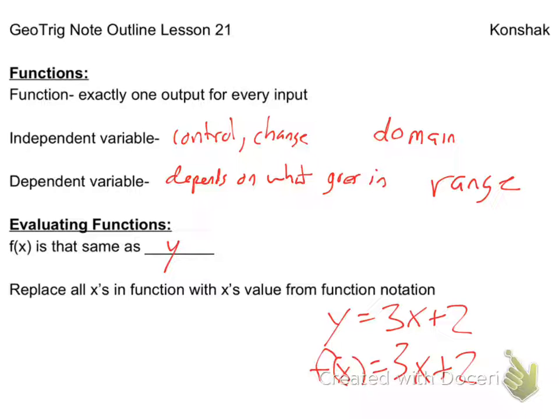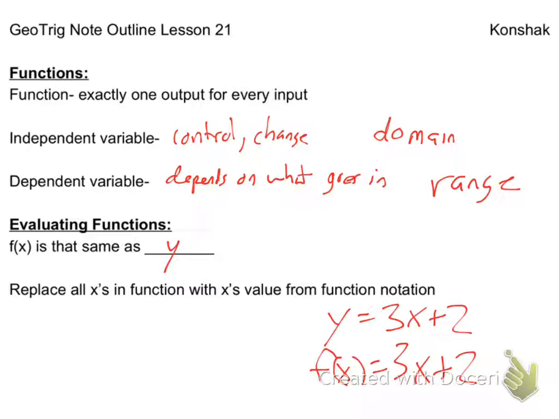So what does it mean to evaluate? Well, what you're going to do is take whatever is in the x's place in the function notation and replace it. You're going to take any of the x's in the rule and replace it with whatever is in the x position in the notation.